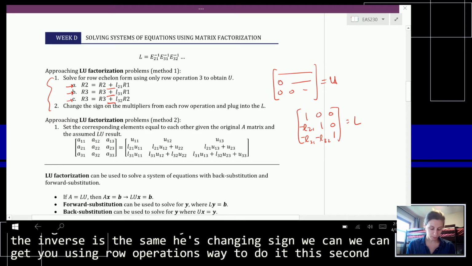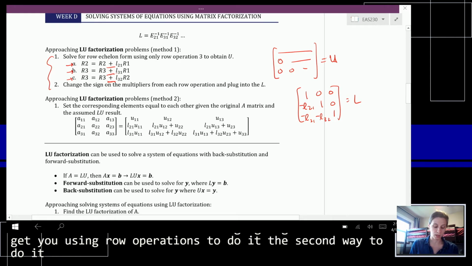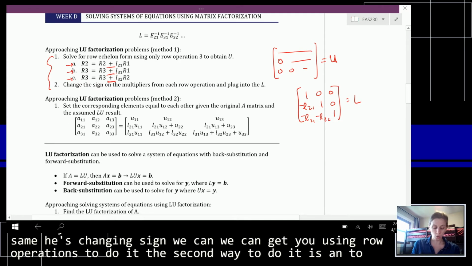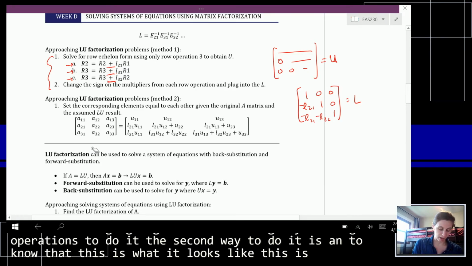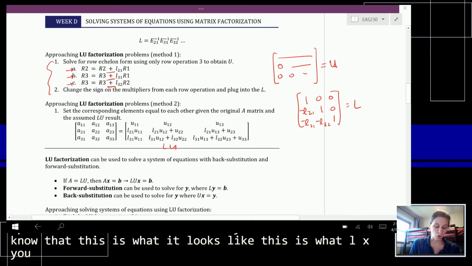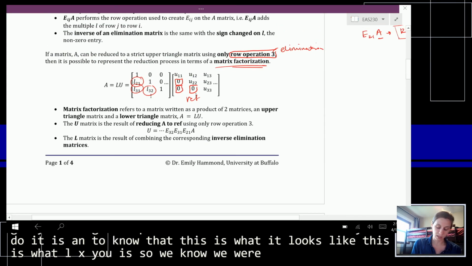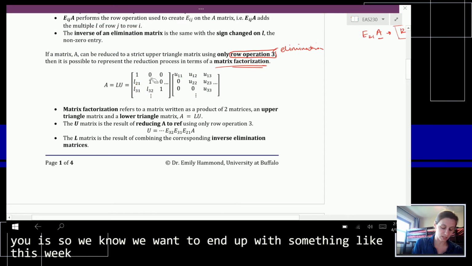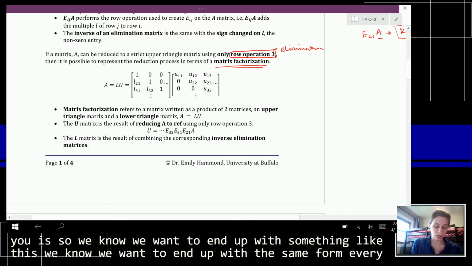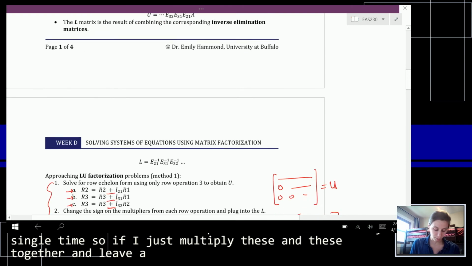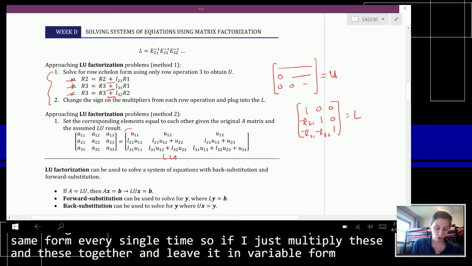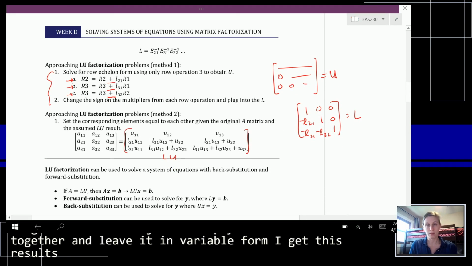The second way to do it is to know that this is what A looks like, and this is what L times U is. So we know we want to end up with the same form every single time. If I multiply these together and leave it in variable form, I get this result doing matrix multiplication.